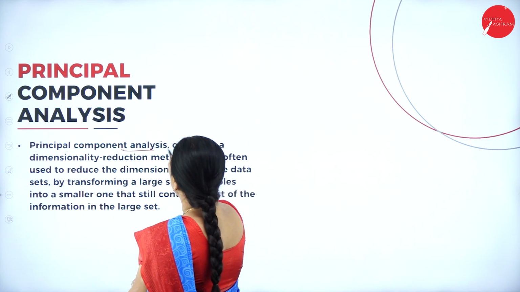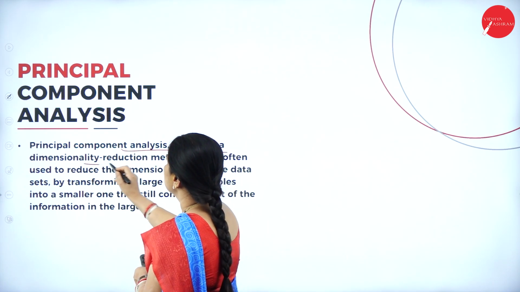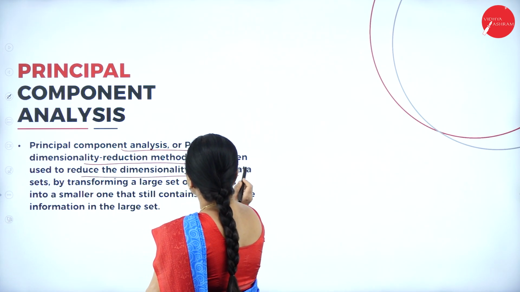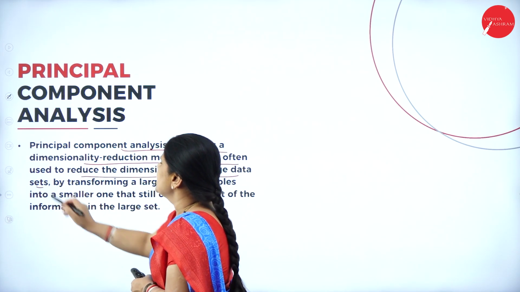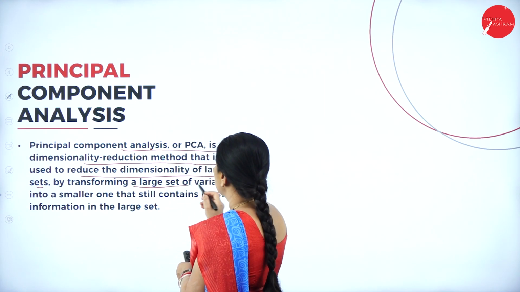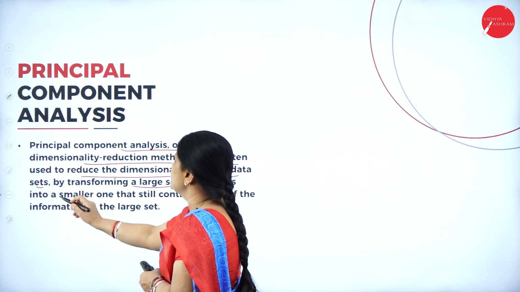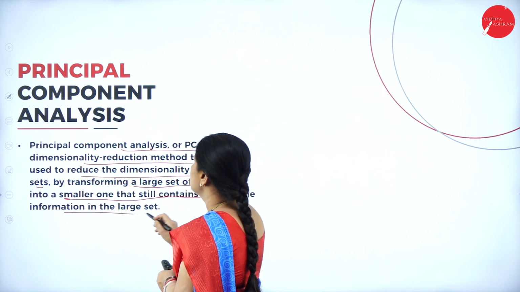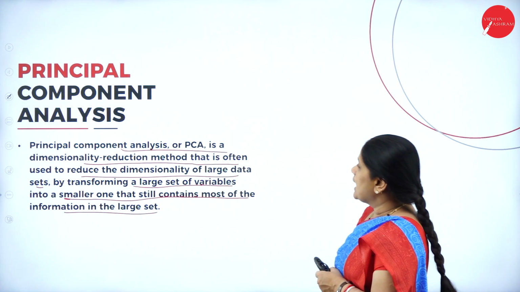A principal component analysis is a dimensional reduction method that is often used to reduce the dimensionality of large data sets by transforming a large set of variables into smaller ones that still contain most of the information in the large set.